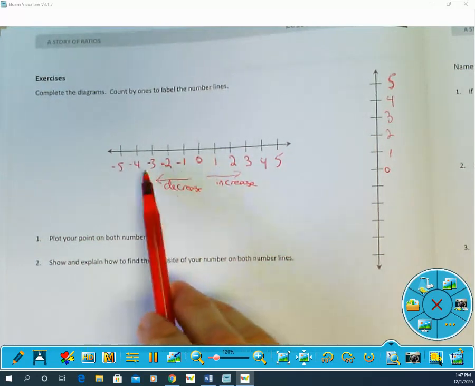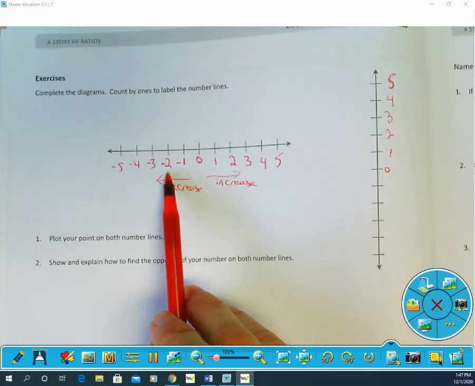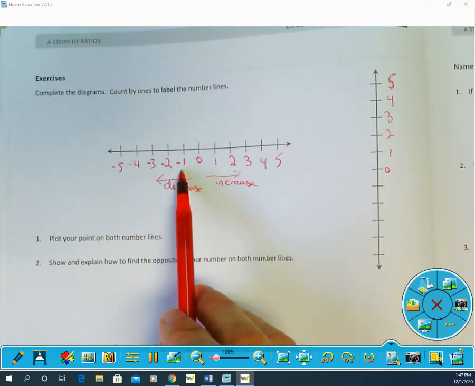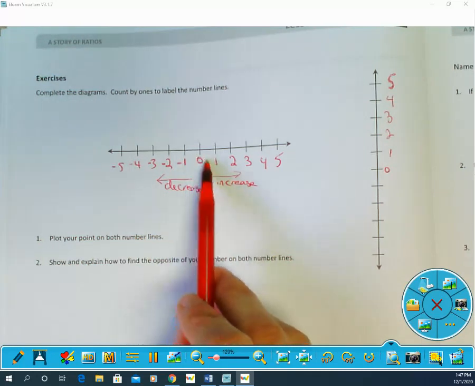Because if you think about it in the sense of maybe owing somebody some money, so let's say you borrowed money from me, would you rather owe me $1 or $2? Wouldn't you rather only have to owe somebody $1 because you're closer to being not in debt, not having any money owed?